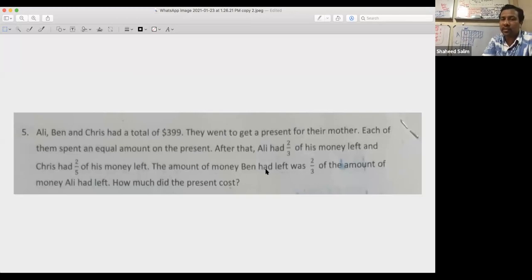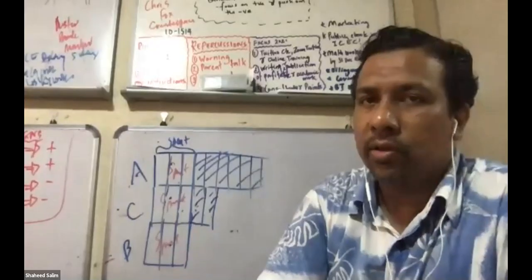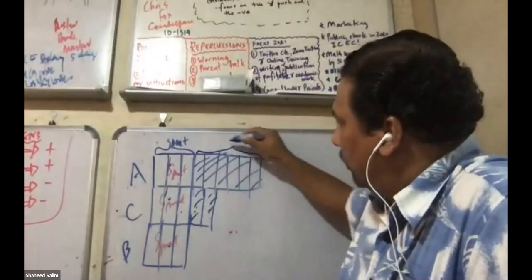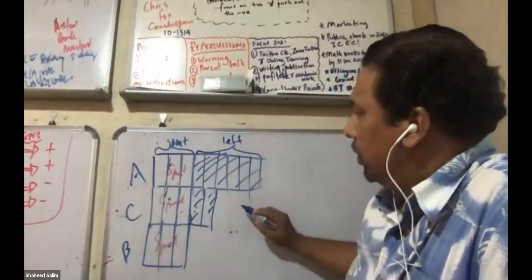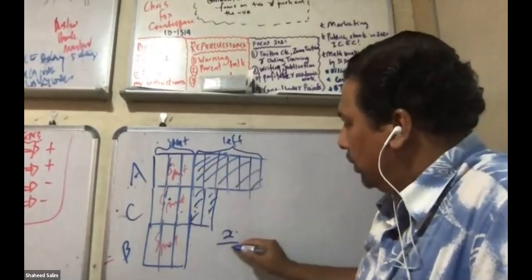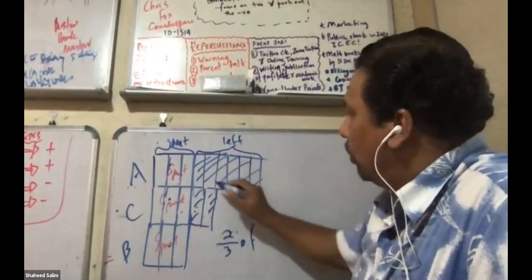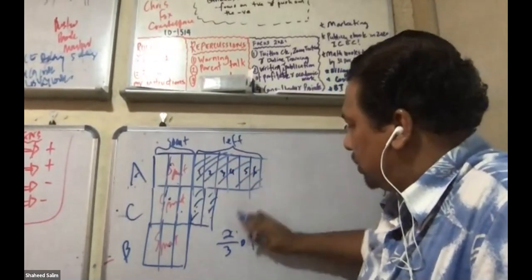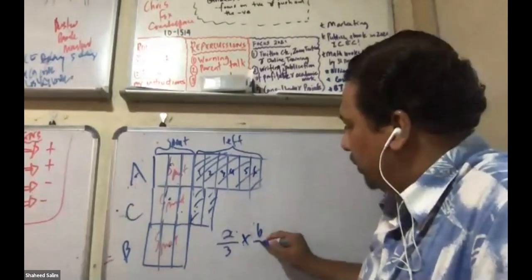Now, the last one they say, the amount of money Ben had left was 2/3 the amount of money Ali had left. 2/3 of what Ali has. This is what Ali has left. So down here you want 2/3 of this amount. 2/3 of 6, of means times, right?